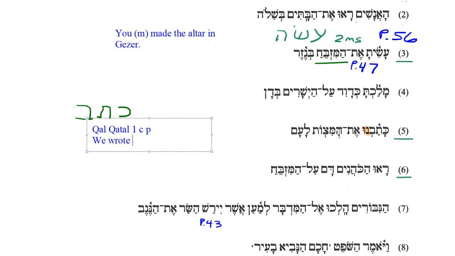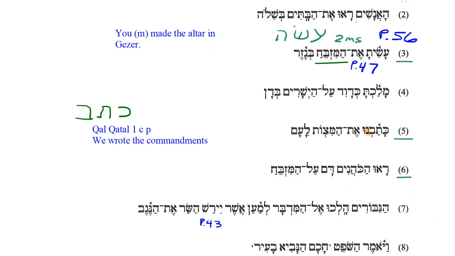It's a feminine noun, so mitzvot, that is our plural ending. So we wrote, and it's got a definite article on it, the hey with the patach and the doubling of the first letter, the mem. See the dagesh forte in the first letter there. So we wrote the commandments, and then finally la'am.